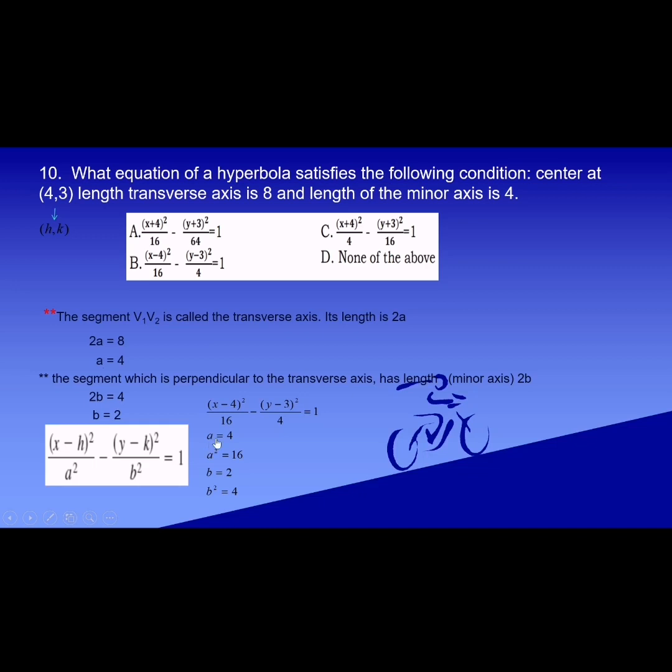Our a is 4, which we got earlier, so 4 times 4 is 16. Then b is 2, so b squared is 4. Let's check the choices if there is a match. So the answer is B.